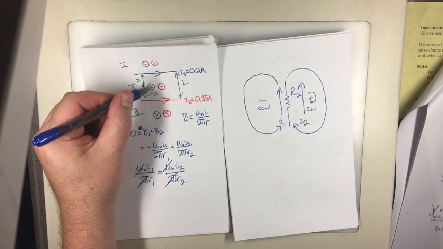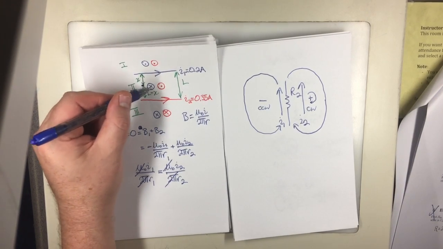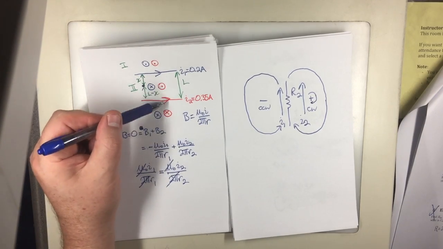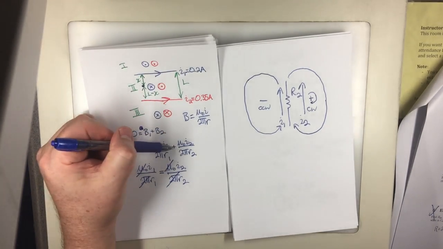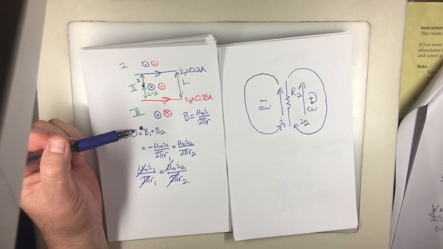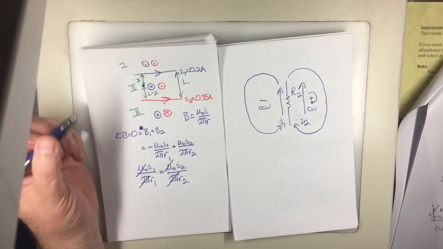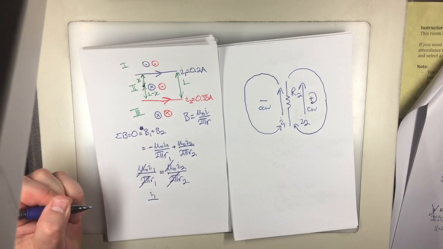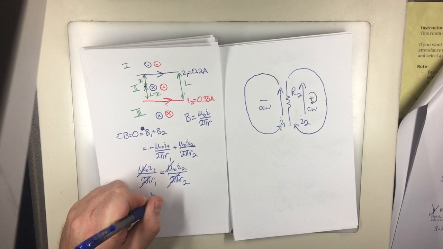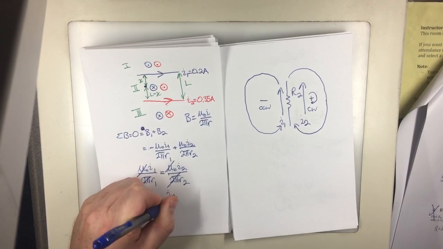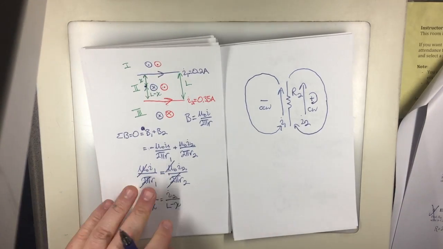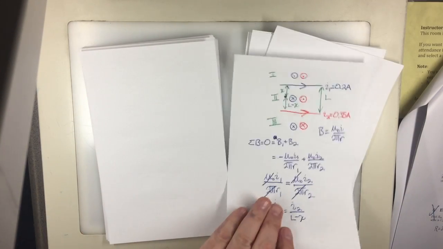It's below the blue wire, so that B field is in, which will make that negative. It's above the red line, which means this is positive. And that lets you know what the signs are. So it's I1. Now R1 is X. I2 is L minus X.